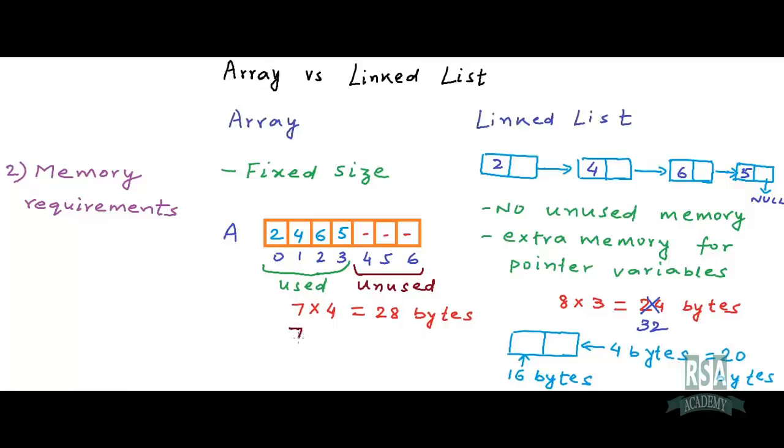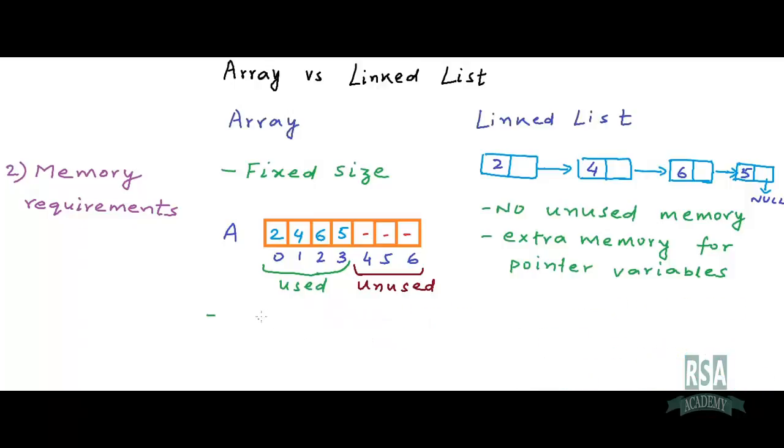An array of 7 elements with 16 bytes of data, 16 bytes for each element, would be 112 bytes, and linked list of 4 would be only 80 bytes. So it all depends. If the data part for the list takes a lot of memory, linked list will definitely consume a lot less memory. Otherwise, it depends what strategy we are choosing to decide the size of the array. At any time, how much of the array we keep unused.